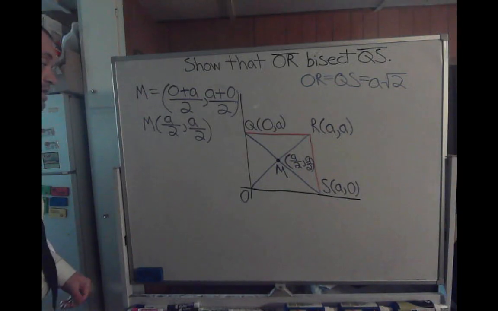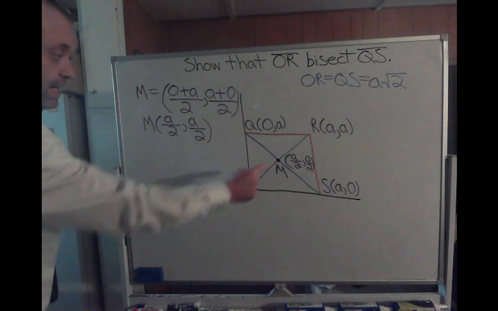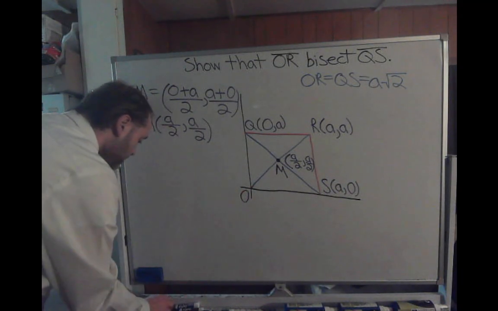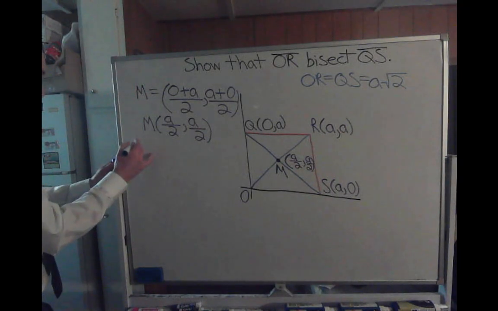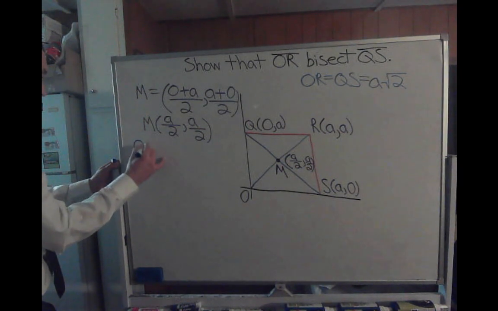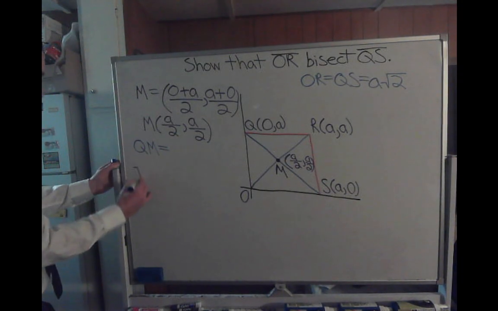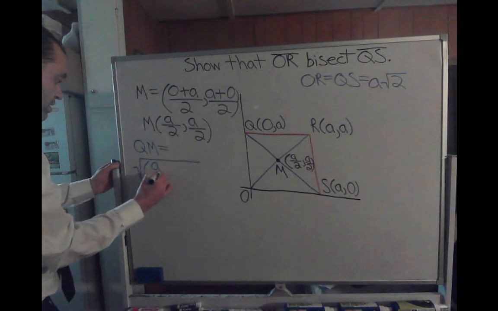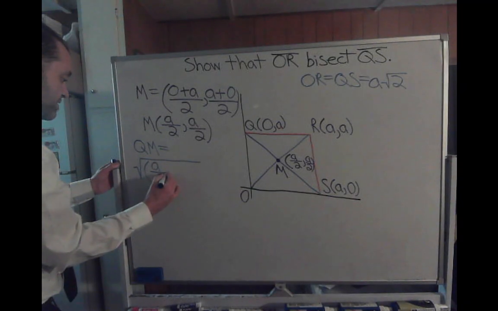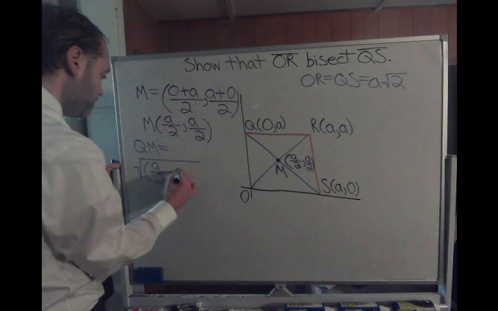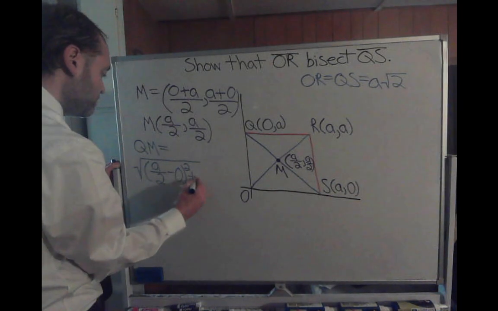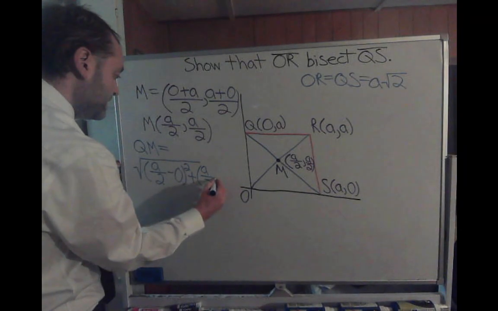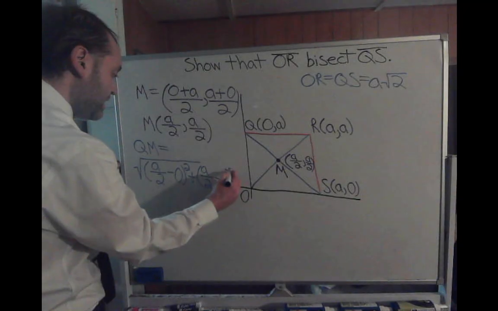Right? So let's go from Q to M here. Let's start on diagonal QS. Let's find the distance from Q to M. So the distance from Q to M would equal, of course, your x2 of A over 2 minus your x1 of 0 raised to the second power plus your y2 of A over 2 minus A raised to the second power.